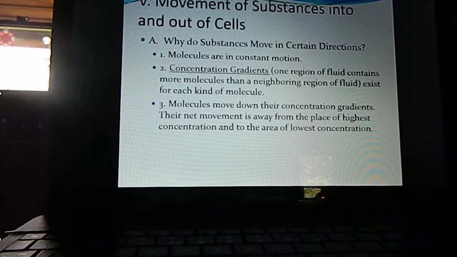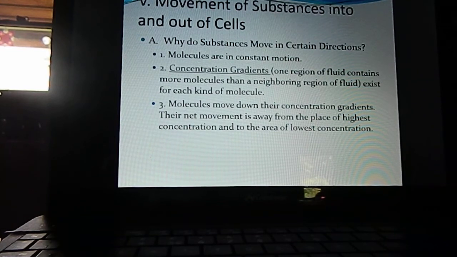As they are moving and colliding with other molecules, in some cases there's going to be a concentration of molecules that is greater in one area of the cell than in others. This is called a concentration gradient. One region of a fluid contains more molecules than the neighboring region.